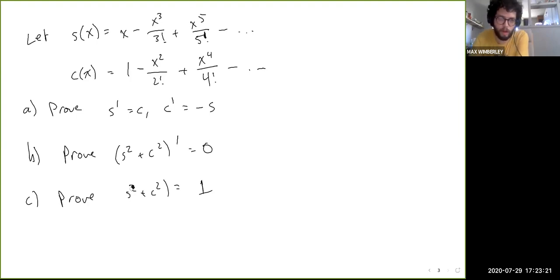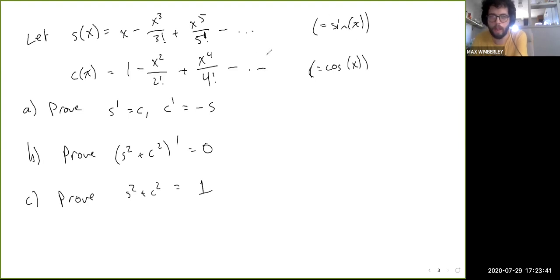So, you might recognize S and C are the Taylor series of sine of x and cosine of x. So this is sine of x, and this is cosine of x. But the point of this problem is that you don't have to know any of this.